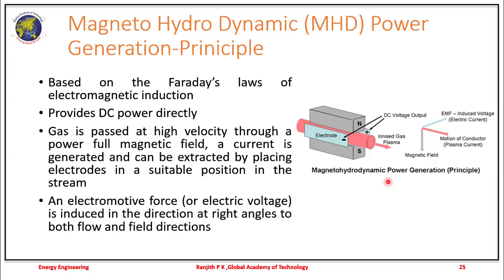The gas or the fluid is passed at a high velocity through a complete magnetic field. In this magnetic field, a current is generated, and it can be extracted by placing electrodes in a suitable position along the stream of the flow of fluid. An EMF is induced in the direction at right angles as per Faraday's law.